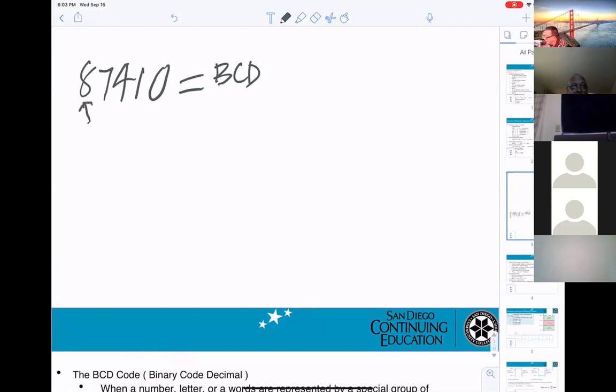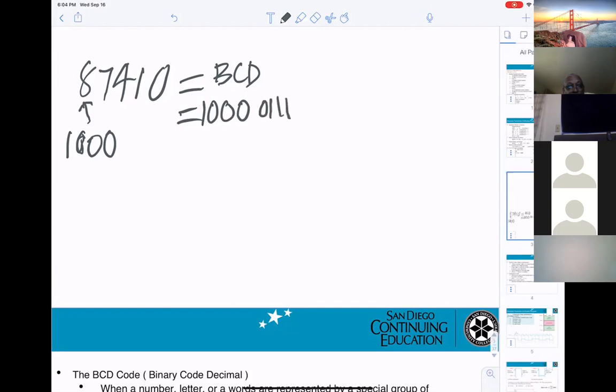4 bits: number 8 will be 1, 0, 0, 0. That's number 8. They must be 4 bits. Number 7 is 0, 1, 1, 1. The next number 7 will be 0, 1, 1, 1.